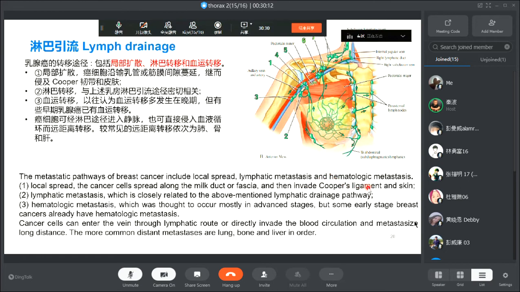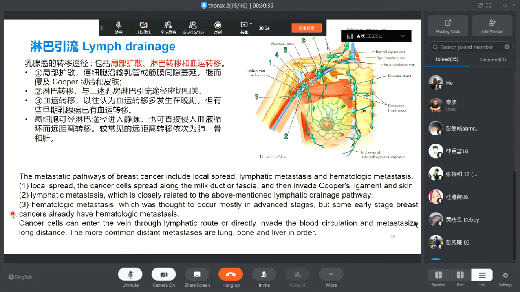So do you know? It's under the skin. And the second way is the lymphatic metastasis, which is closely related to the lymph drainage pathway mentioned above.